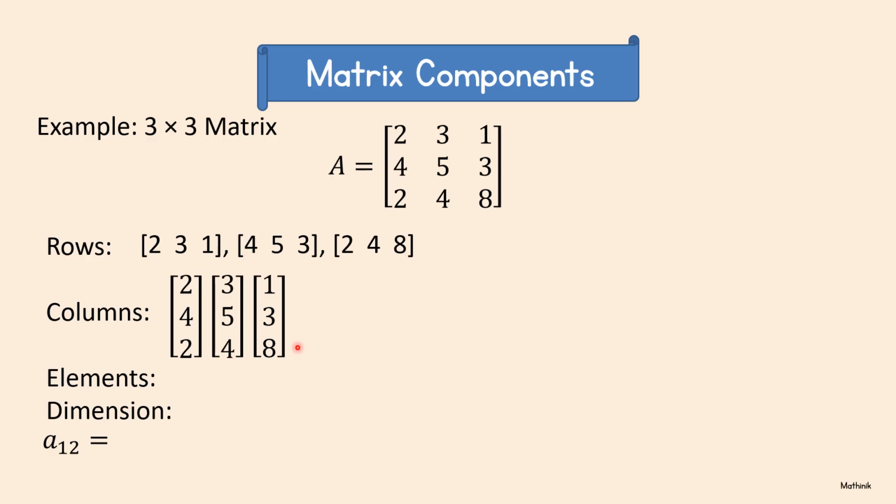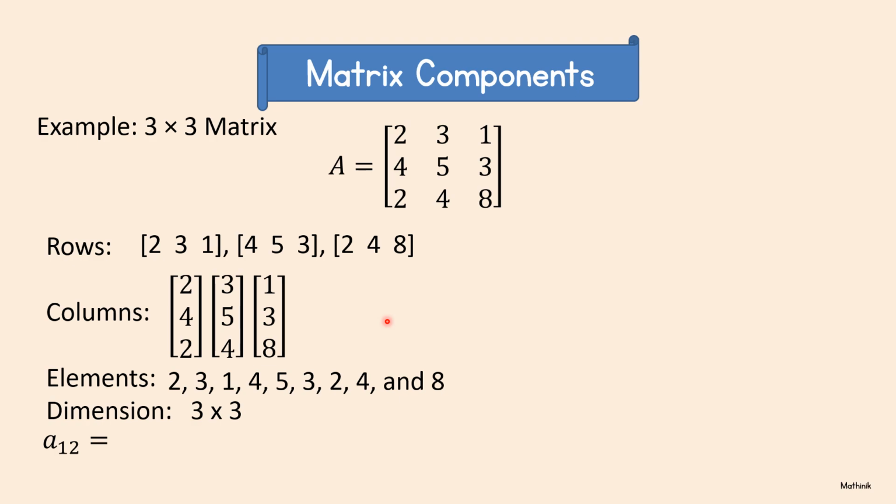And the third column is 1, 3, 8. Then we have elements, the individual numbers in a matrix: 2, 3, 1, 4, 5, 3, 2, 4, and 8. The dimension is 3 rows and 3 columns, so we have 3 by 3.